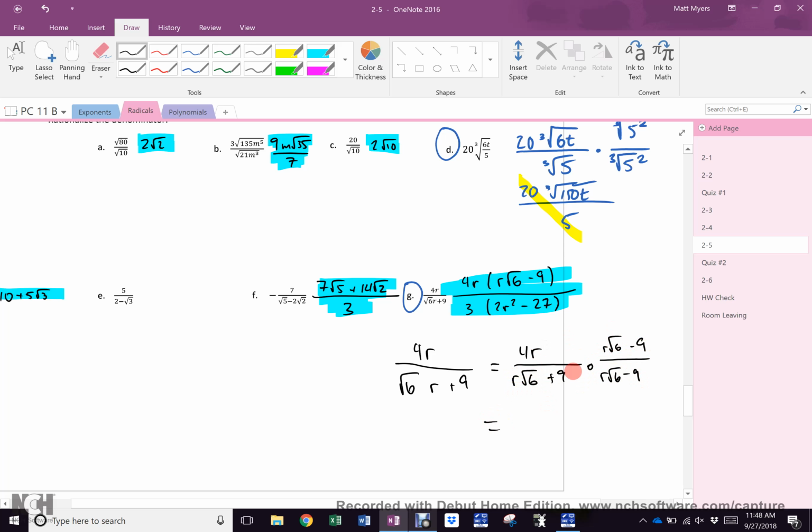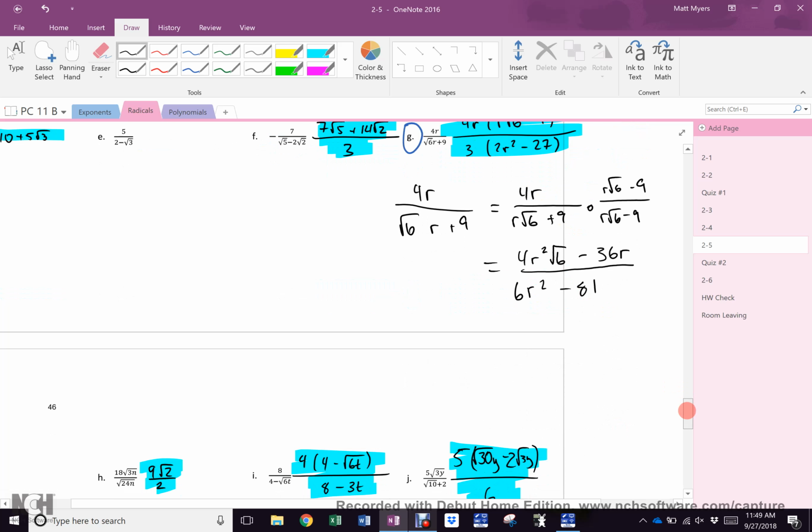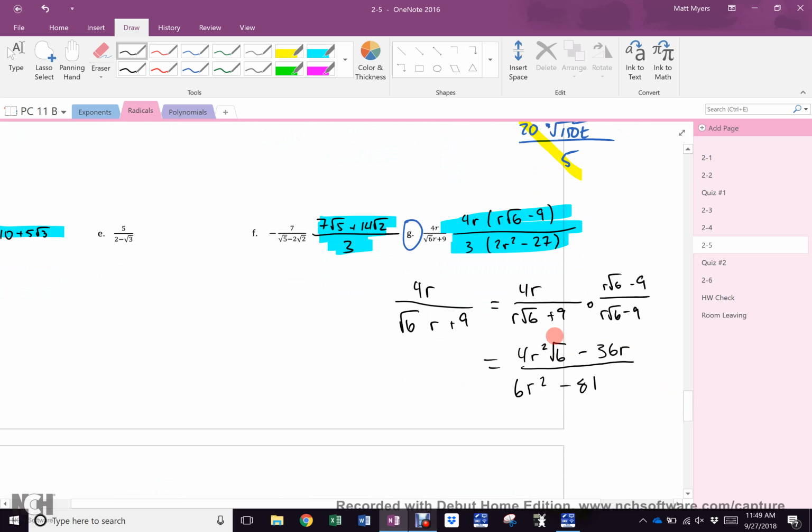So 4r times r is 4r squared root 6, right? Minus 36r over, down here on the bottom, r squared times 6, right? So 6r squared minus 81. Yeah? Everybody happy with that? And if you got to there, you could stop, but of course, you could also factor out.